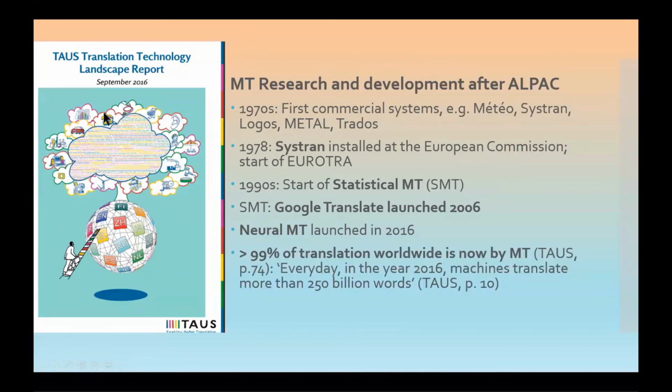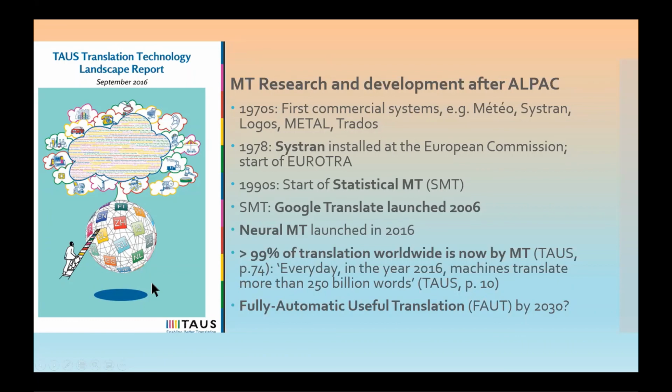And the TAUS report, TAUS stands for the Translation Automation User Society, and it's a think tank for translation technology. This TAUS report reckoned even 4 years ago that 99% of translation worldwide is done by machines. And TAUS predicted the arrival of what it called fully automatic useful translation by 2030.